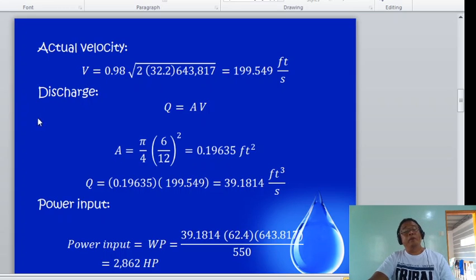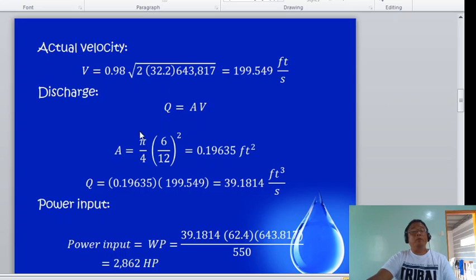So pi d square over 4, the area is equal to 0.19635 square feet. Substituting now the value of the velocity and the area, the discharge now is 39.1814 cubic feet per second.